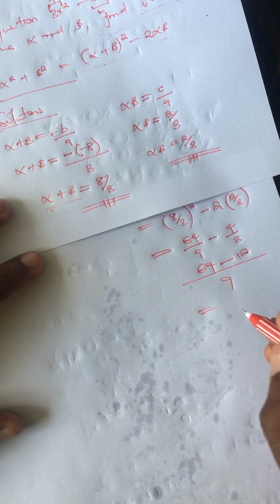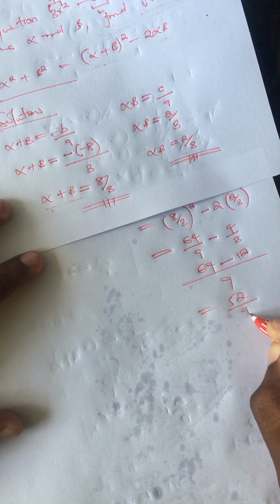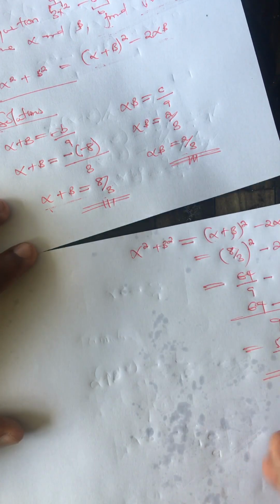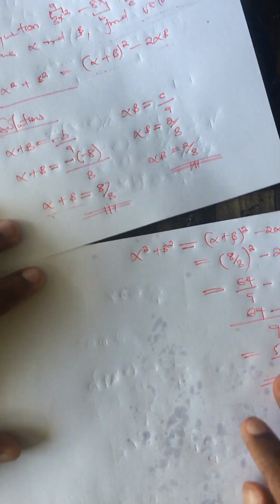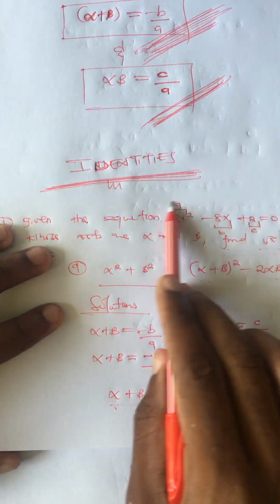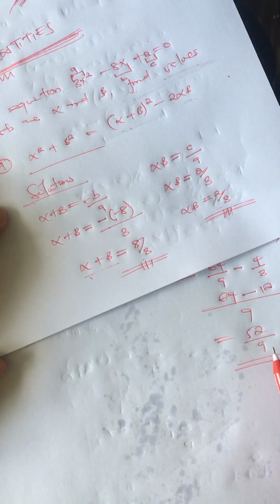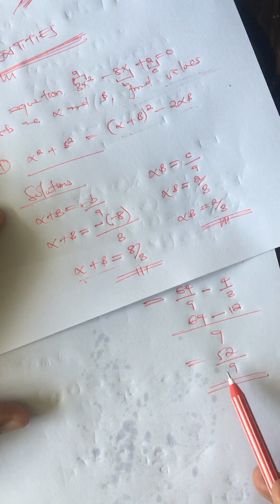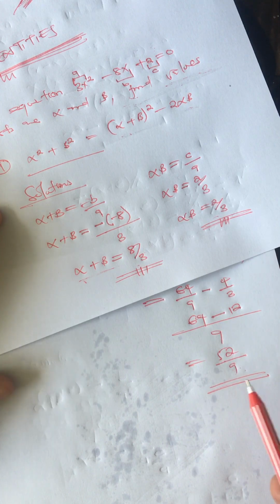From there, if you subtract, it gives 52 over 9. So alpha squared plus beta squared for this equation is 52 over 9.